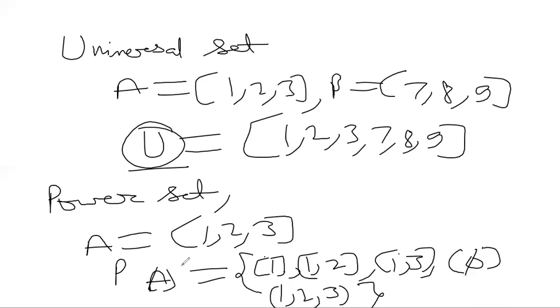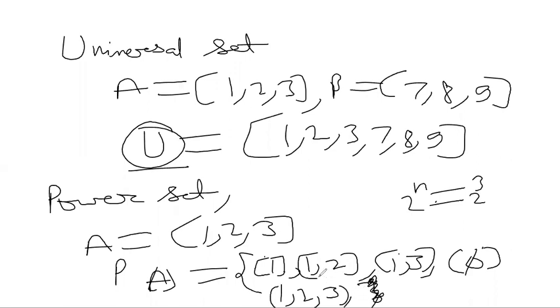The number of subsets contained is 2 to the power n. Here 3 elements are there, so 2 to the power 3 means 8 should be there, isn't it? So how can we get 8? Let us ignore this bracket.